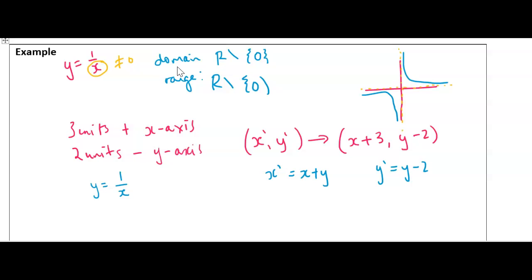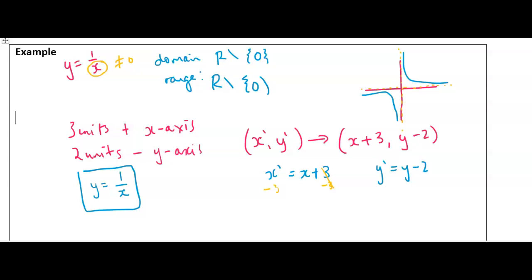But in this function here, we have x and y. So I'm going to have to substitute in x plus 3. I'm just going to have to rearrange this equation. So I'm going to subtract 3 from both sides.